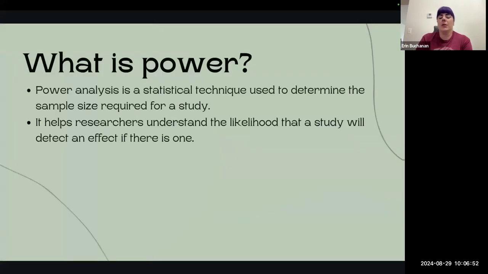So in general, the purpose and usefulness of power analyses is to help determine the sample size required for a study. There are many components that integrate together to ultimately affect the decision that we make, especially in frequentist statistics when we use p-values.